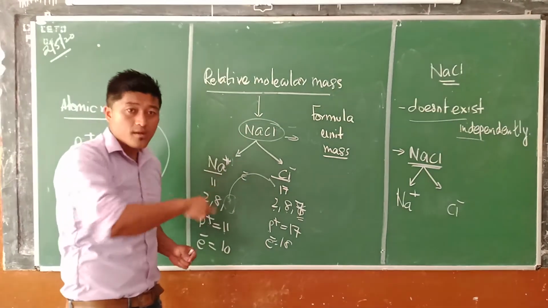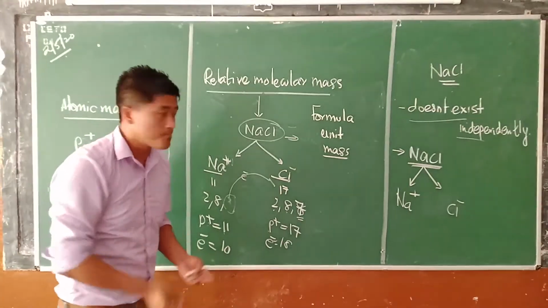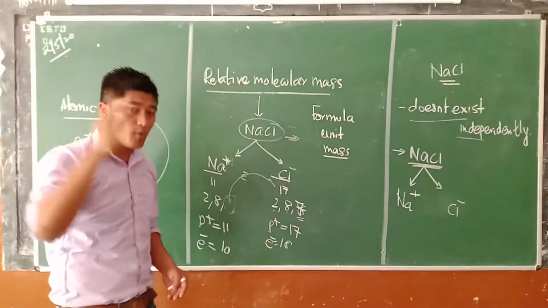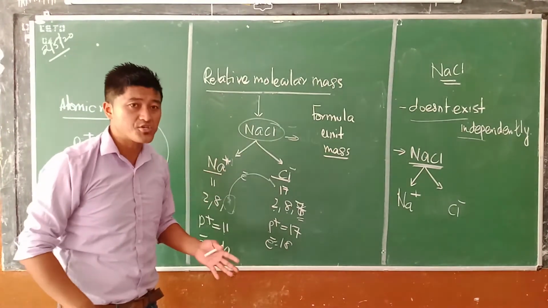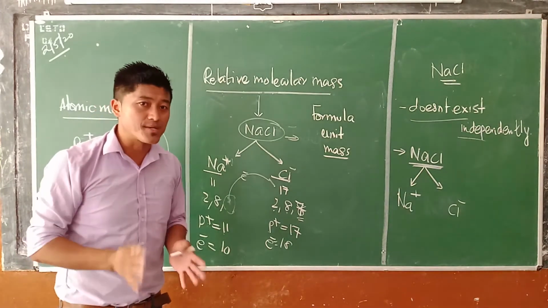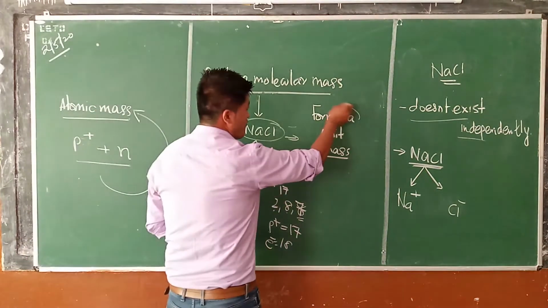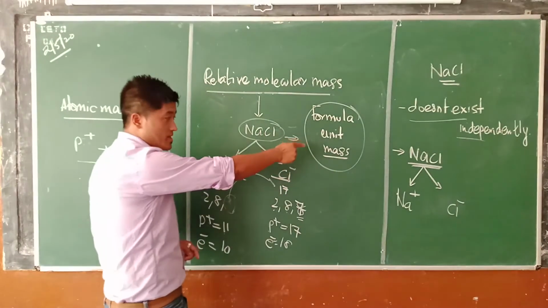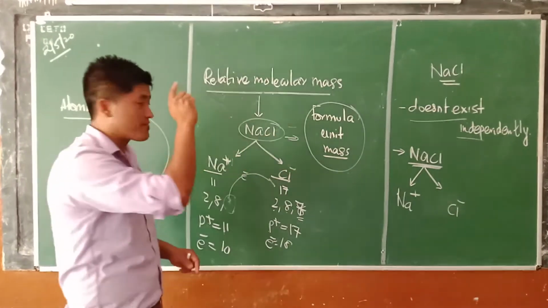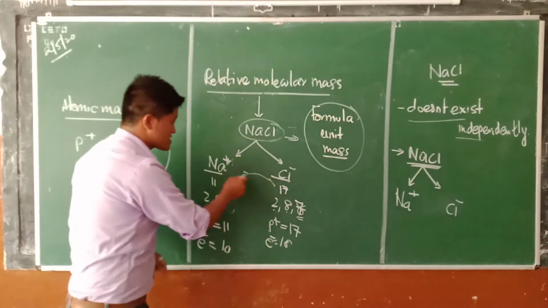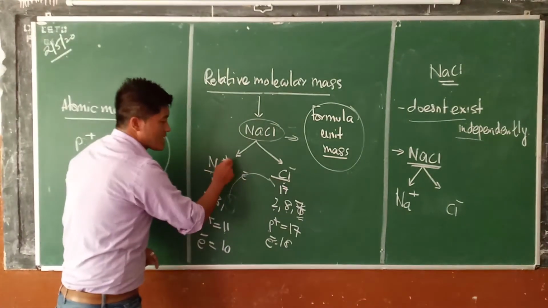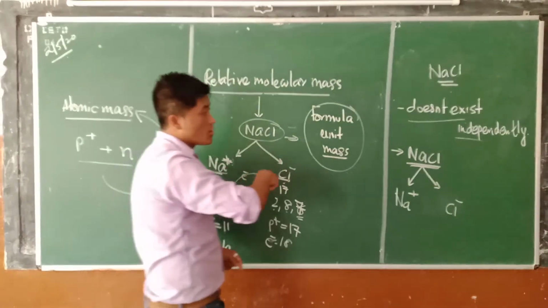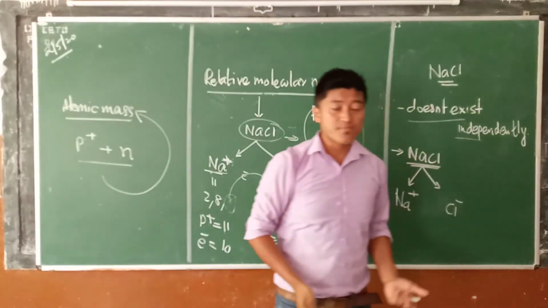How are they different? In the usage of both. Relative molecular mass is used on molecules which are not ionic by nature and exist independently. Whereas formula unit mass is used on molecules which have the presence of ions, that is plus and minus, and which don't exist independently.